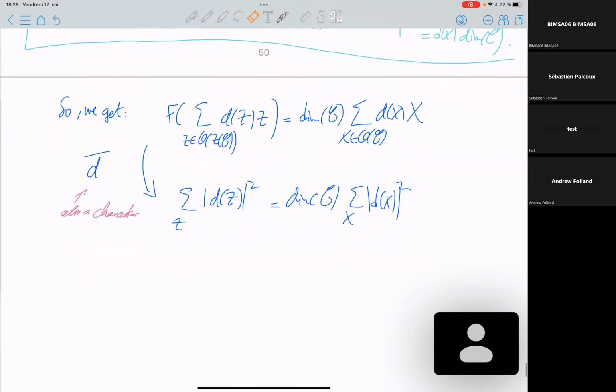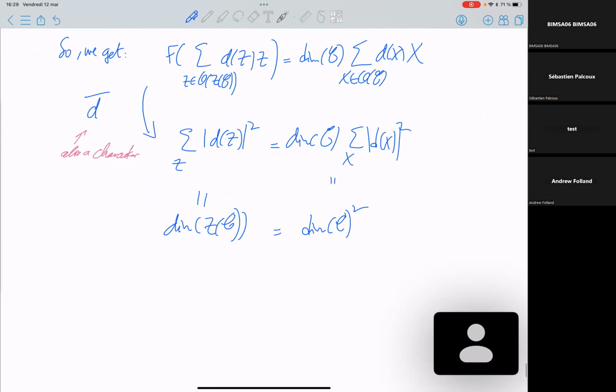So this is equal to the dimension of the center, and this is equal to dimension of C squared. So it's okay in the pivotal case.